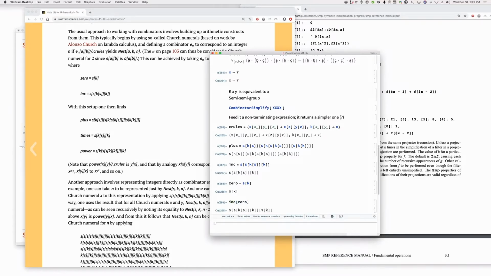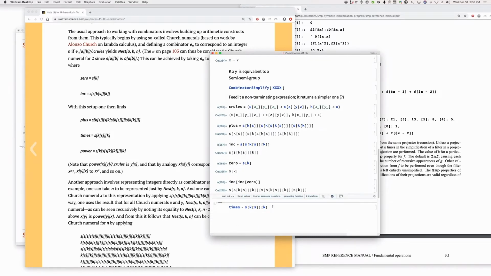Okay, so the claim would be, actually, let's do the extreme case. Let's do a times. Let's do increment of 0. That should be the church numeral for 2.